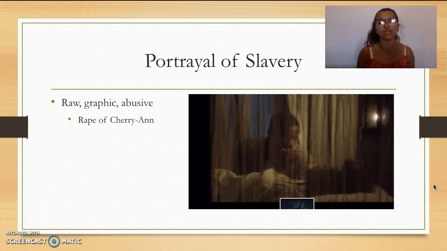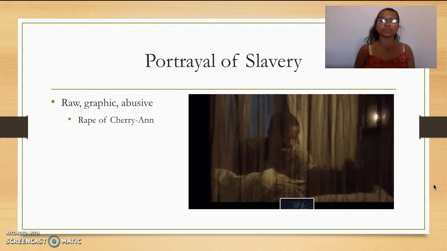Along with the sexual exploitation of slaves, I don't have a screenshot because I couldn't get a clear picture, but at the dinner party that Nat's master threw, at the end, one of the men that came wanted to sleep with one of the slaves, even though she was married and had a husband, which was the wedding scene that I showed in the previous slide.